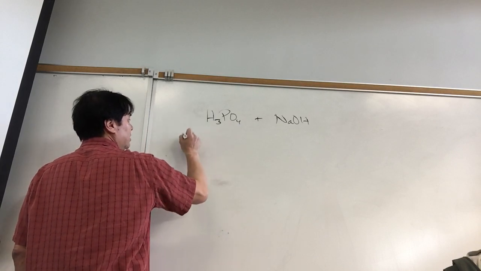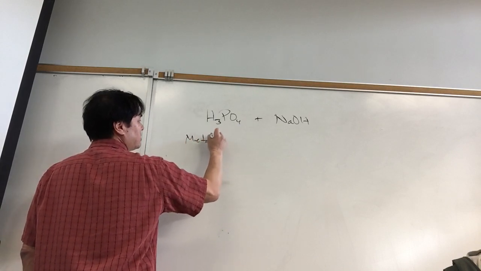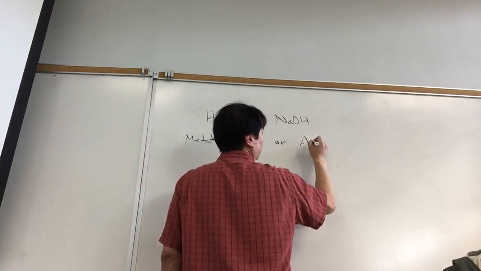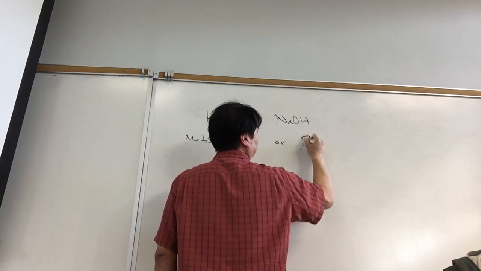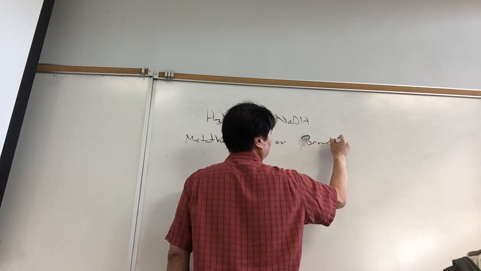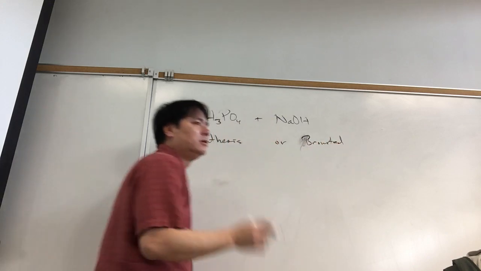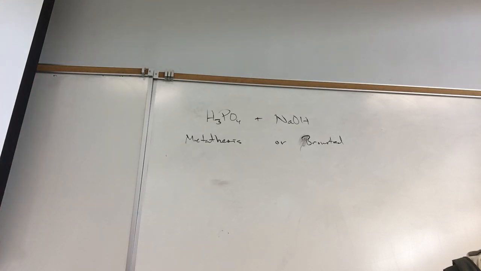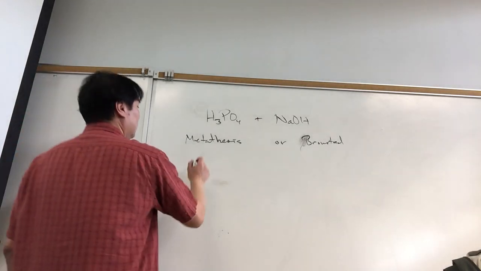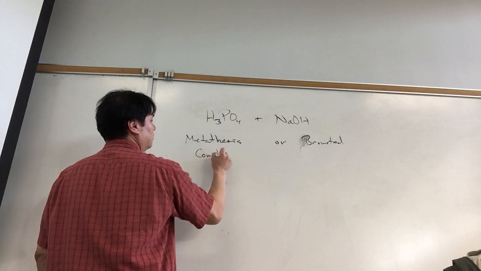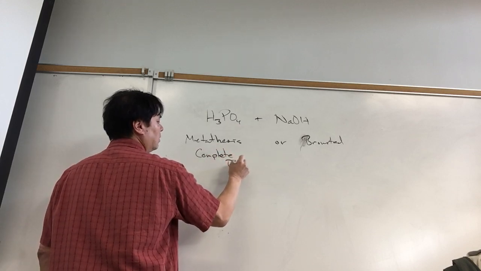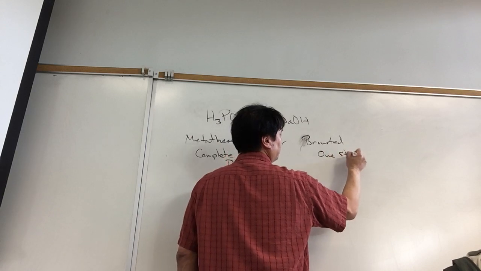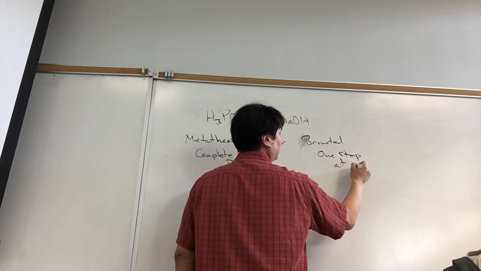There are 2 ways to do this. We could do this via metathesis or Bronsted. We handle these 2 differently depending on which approach we take. If we do it by metathesis, we do a complete reaction, versus if we do it Bronsted, we do it 1 step at a time.